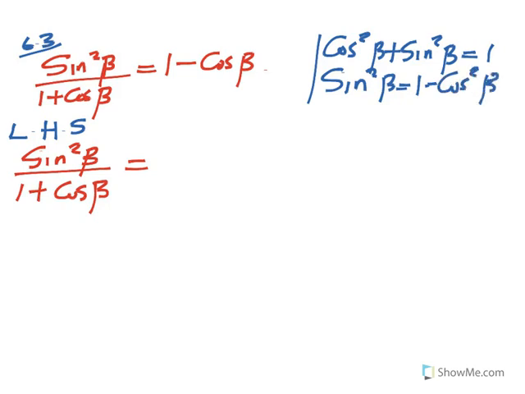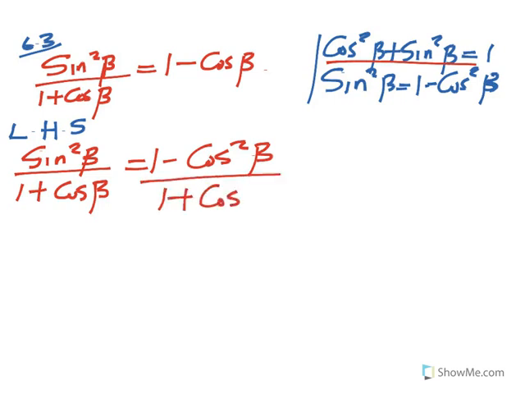They are just playing with the same version of that. So where there is sine squared beta, because I want to match it with the bottom, it becomes 1 minus cos squared beta over 1 plus cos beta, as you can see.